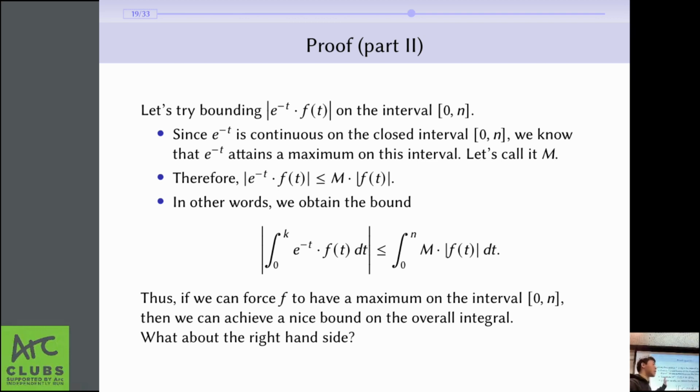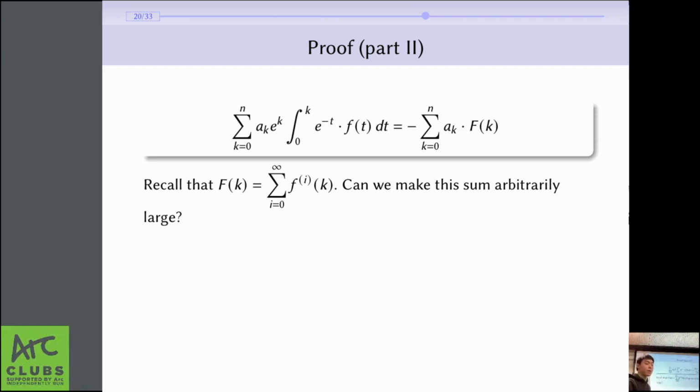So we can try to make this as small as possible, and on the right-hand side, as large as possible. Because if the left-hand side was arbitrarily small and the right-hand side was arbitrarily large, then we get a contradiction. And that contradiction would imply that e must have been transcendental in the first place. So that is generally the strategy that we're going to be working with.